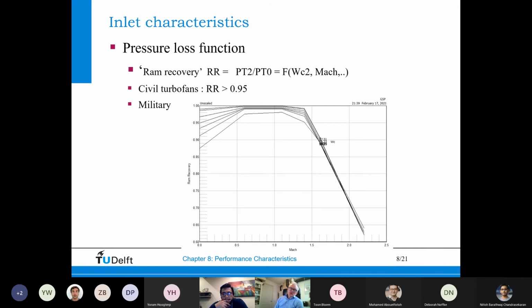Now that's not a big problem because for a military fighter, takeoff thrust is not really an issue. Even if you have a short runway or you load the fighter with a lot of stores or payload, you can always use the afterburner and then you will in most cases have more than enough thrust to complete that takeoff.